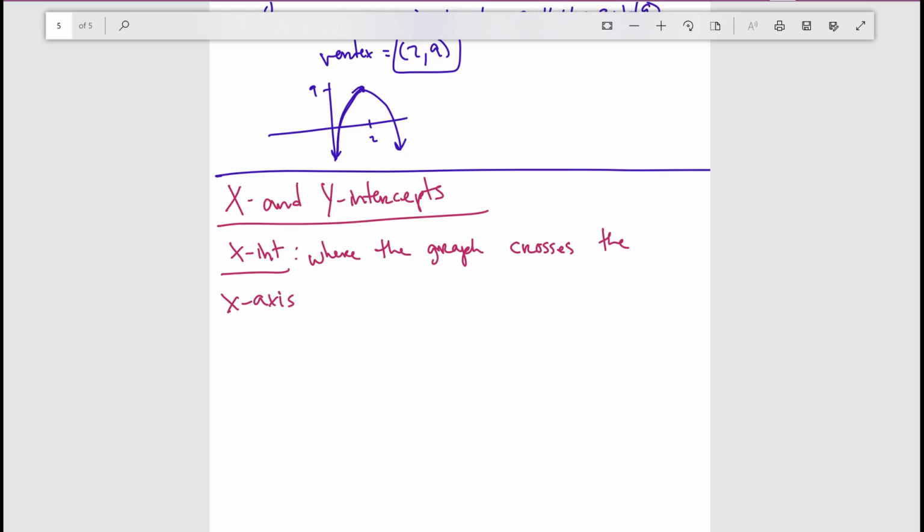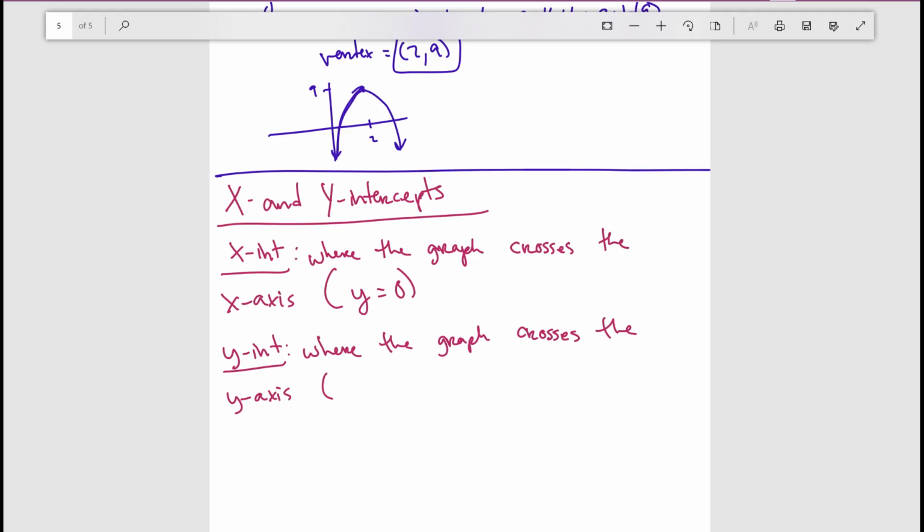Okay, and usually how you find it is you set y equal to 0. Okay, the y-intercept is where the graph crosses the y-axis. And in this case, how you find it is by setting x equal to 0.